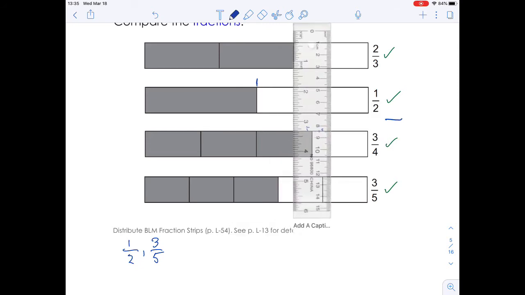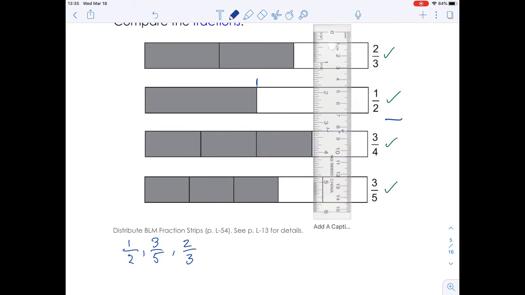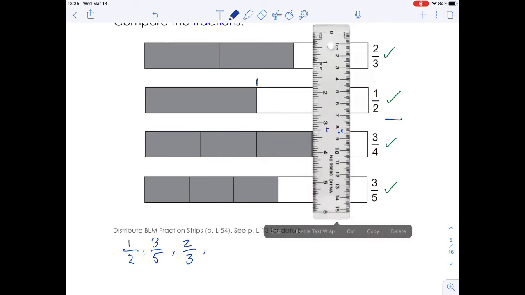Slide my ruler again, and 2/3 is the next one that comes up. And finally, the largest fraction of the group is 3/4. So here are my fractions down below from smallest to largest.